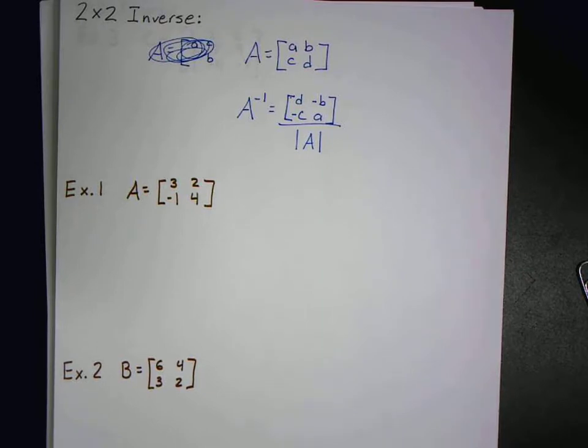It really doesn't matter which determinant you divide by because the determinant of those two matrices is the same. So that's your rule for finding the inverse of a 2 by 2.